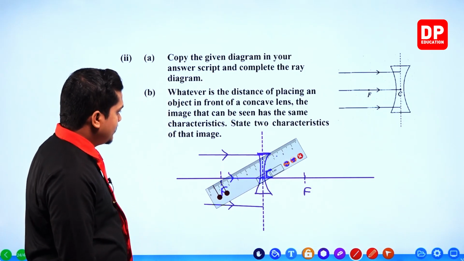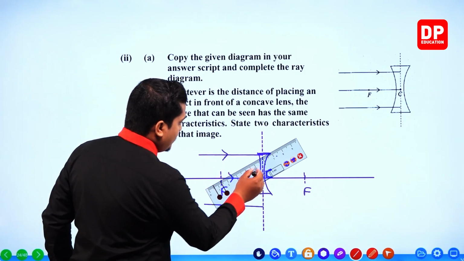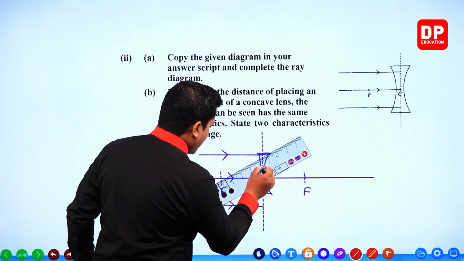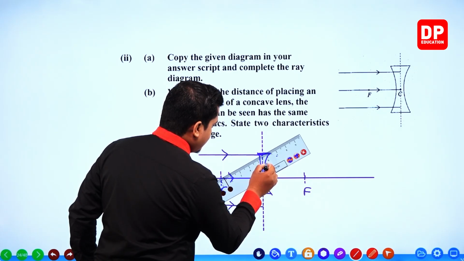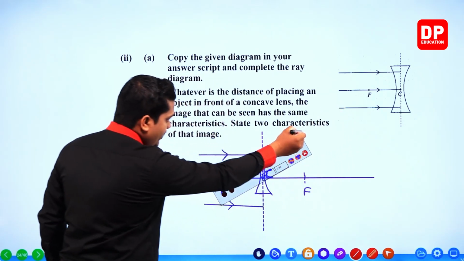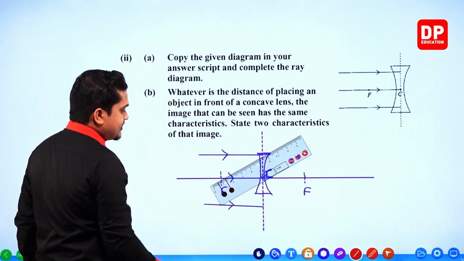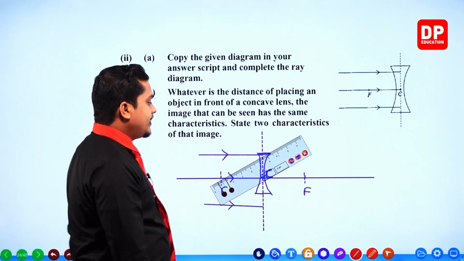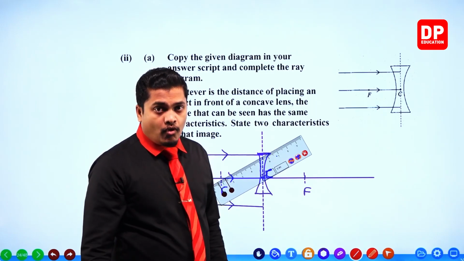Place it like this so that you can see over here. Now the light rays should move along in this kind of direction. So when you elongate it to the other side, it is getting collected at the focal point.